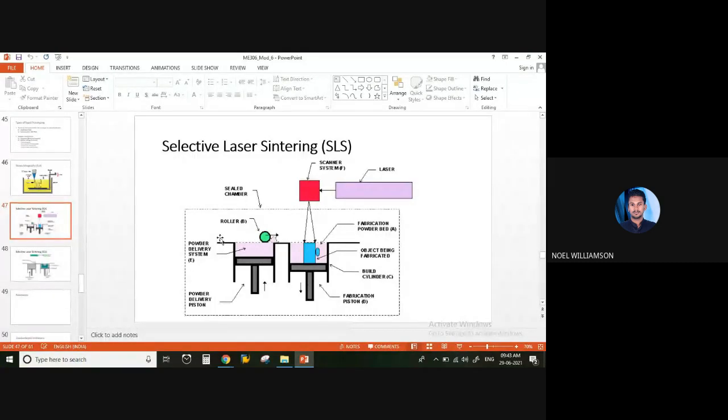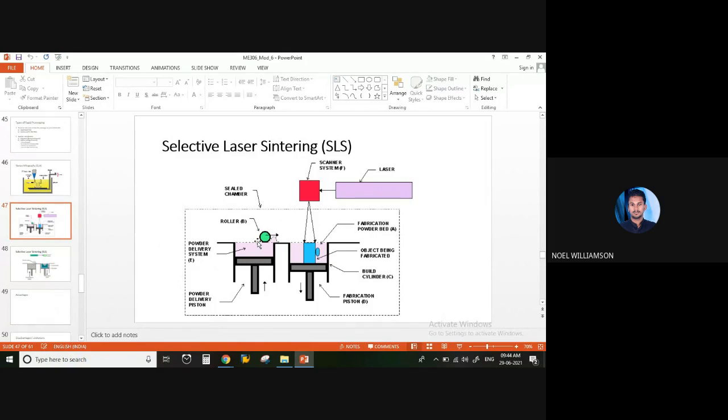In the last class, we have seen the selective laser sintering. We have discussed the basic procedure, how selective laser sintering is done, and this was a figure. Basically, there are two cylinders, a right cylinder and a left cylinder.